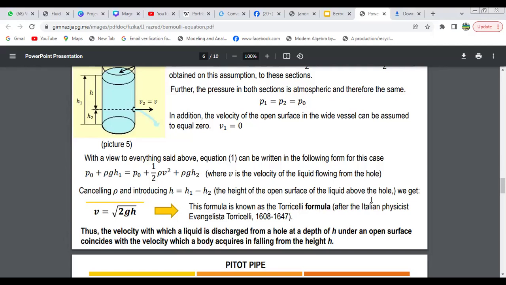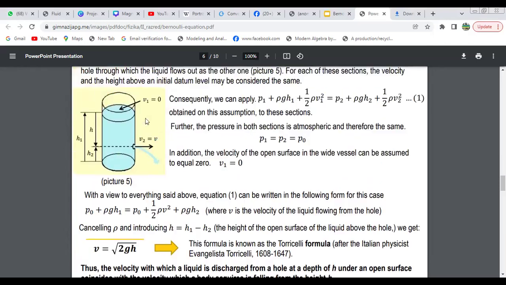Torricelli formula. It was given by the Italian physicist Evangelista Torricelli. This formula states that the velocity with which a liquid is discharged from a hole at a depth of S under an open surface coincides with the velocity which a body acquires in falling from the height S. This is the height S, this is the S2 height and S height.